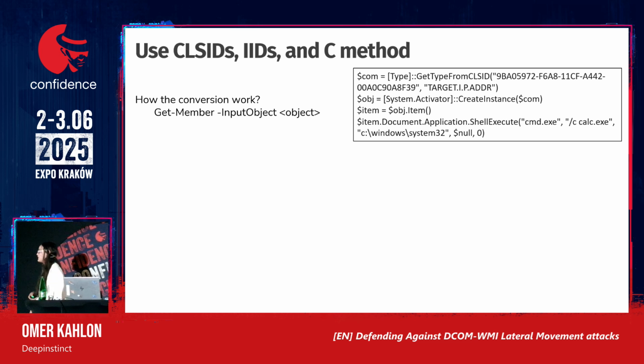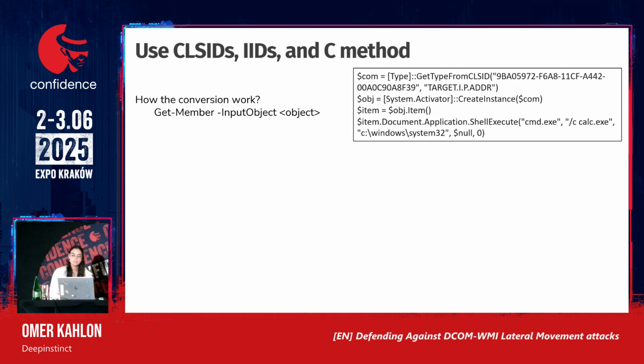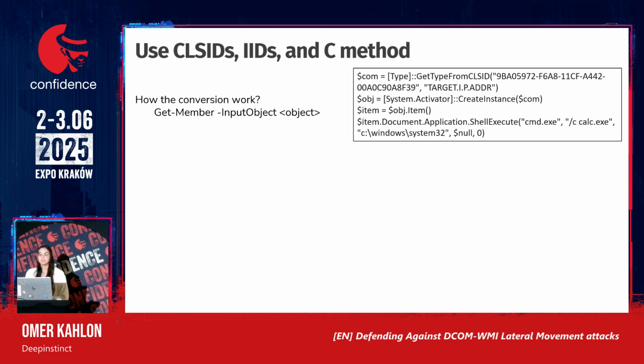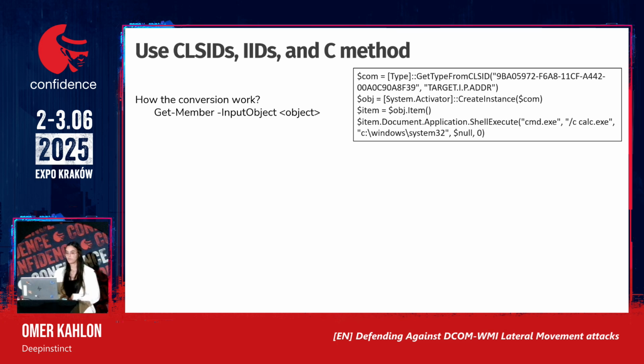We can discover the IIDs of the objects that appear in our PowerShell script using the Get-Member command with -InputObject. This command receives an object as a parameter and returns more information. And one piece of the information is the IIDs we are looking for.